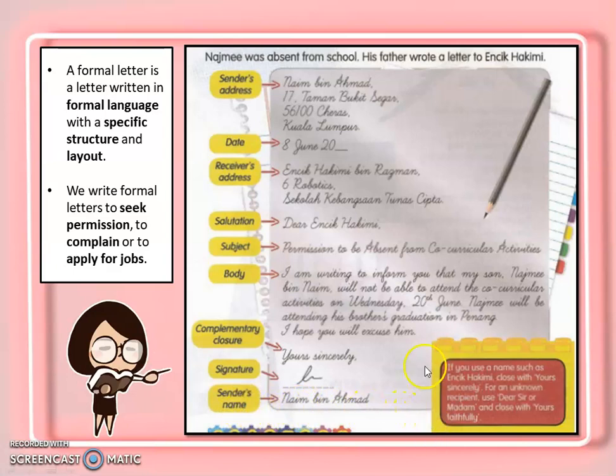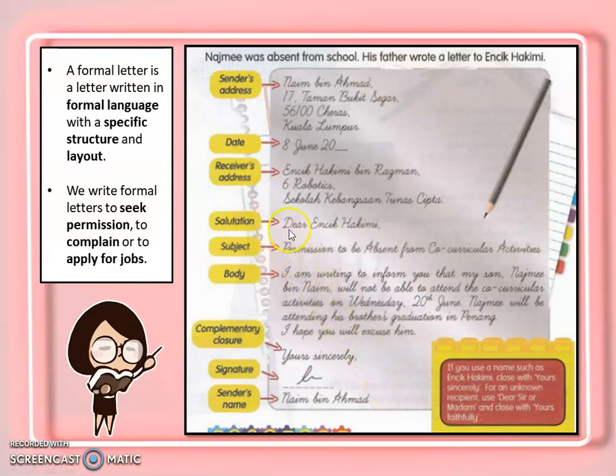Okay, and take note over here, if you use a name such as Encik Hakimi, close with yours sincerely. Okay, the complimentary closure has to be yours sincerely. For an unknown recipient, use Dear Sir or Madam and close with yours faithfully.